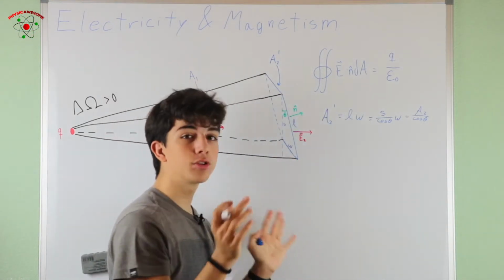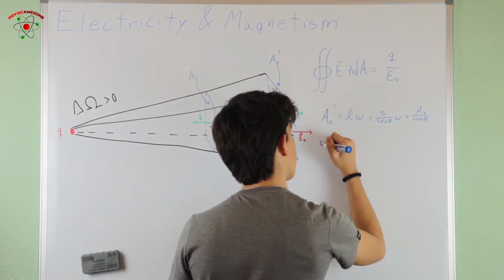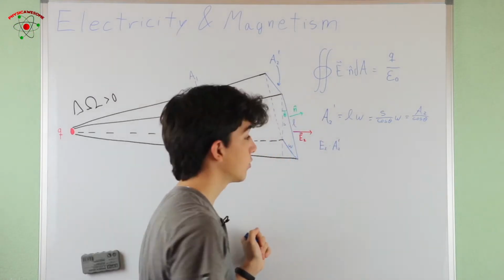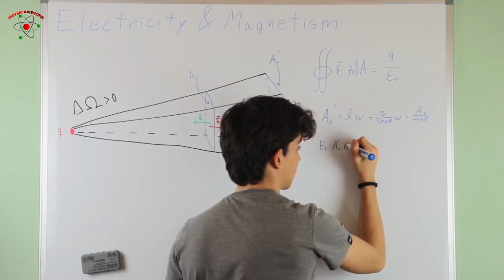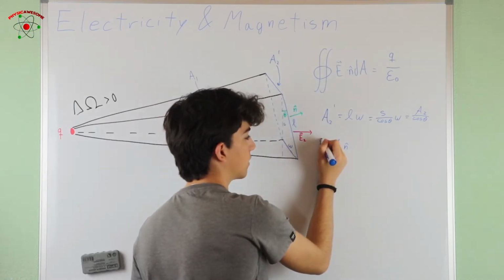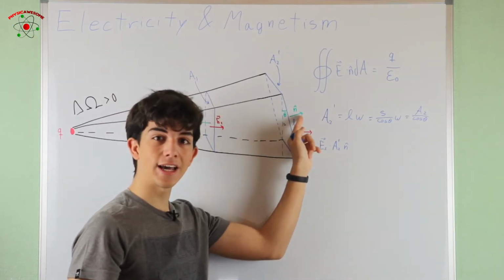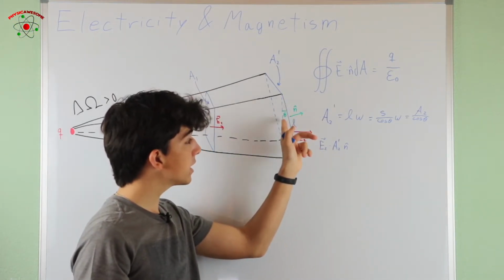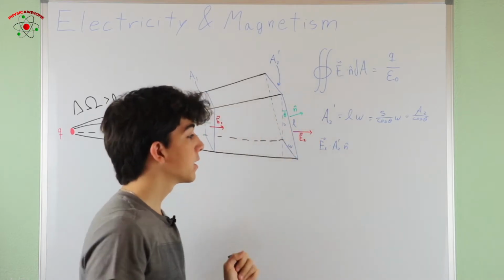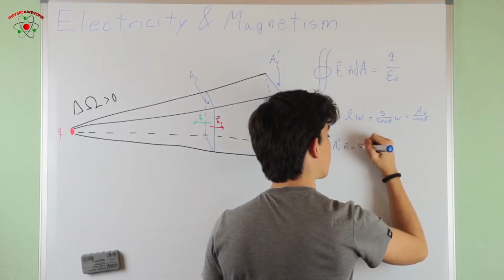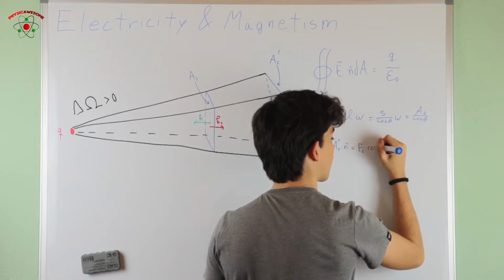Now we would like to see what E2 times A2 prime is, times the new n hat. Now, these two vectors are at an angle, specifically at an angle theta. Therefore, their dot product is going to be E2 cosine theta.